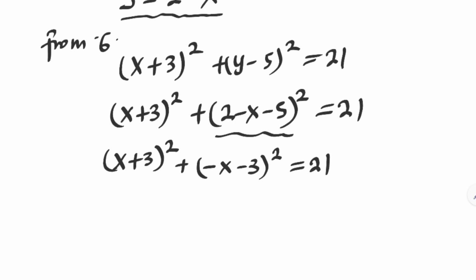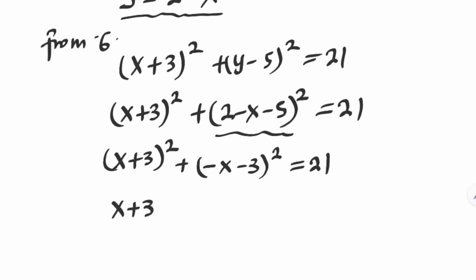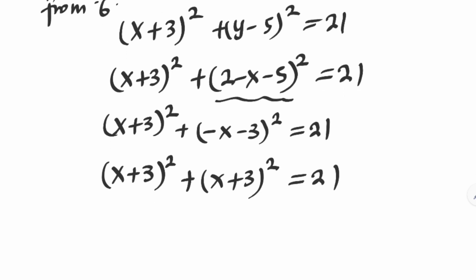Now if you take the square of this, we have plus (x plus 3) all squared is equal to 21. Then (x plus 3) all squared plus (x plus 3) all squared.